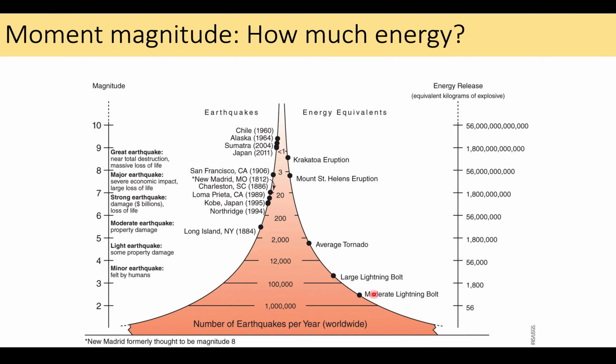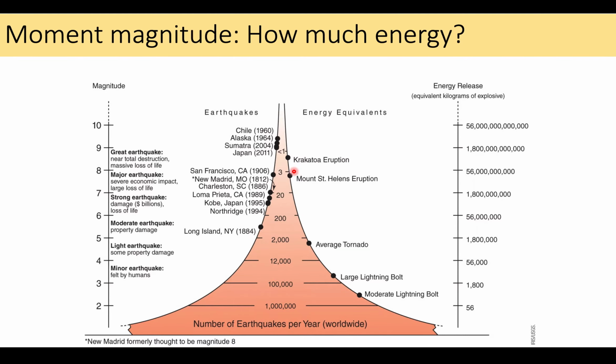A moderate lightning bolt gives off the same amount of energy as about a 2 or a 3. A large lightning bolt is about a 3 or a 4. That would be a minor earthquake, which is felt by most people. An average tornado would be more like a 5, where we would start to see some property damage.